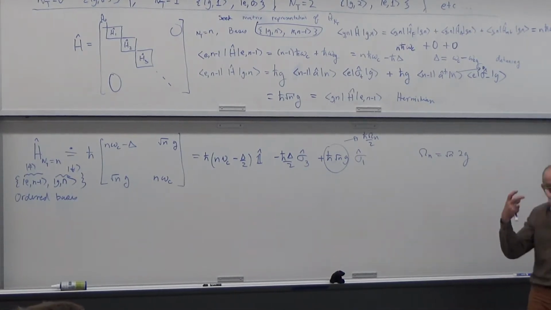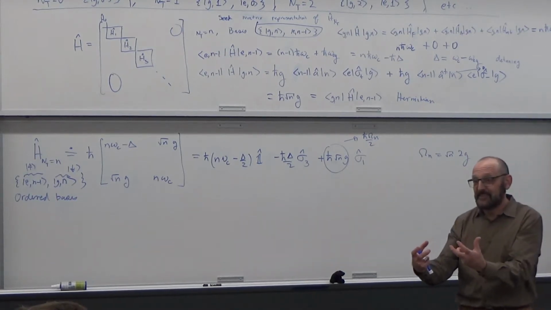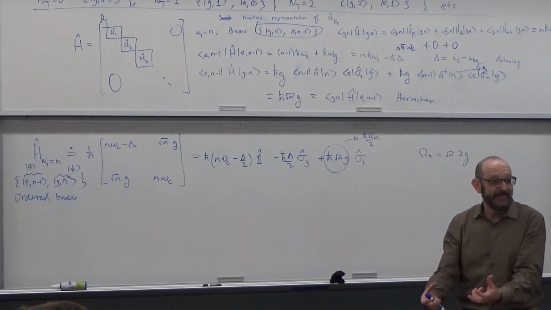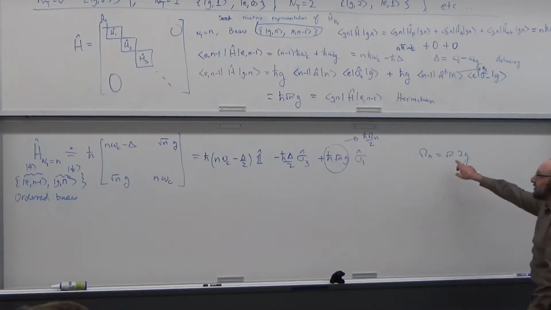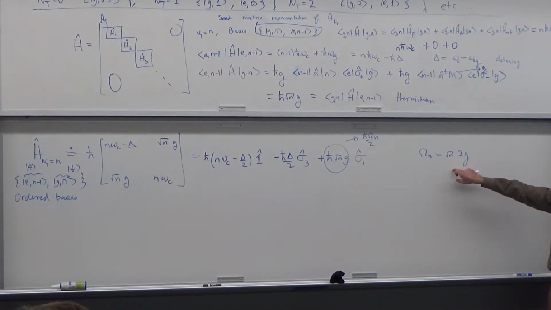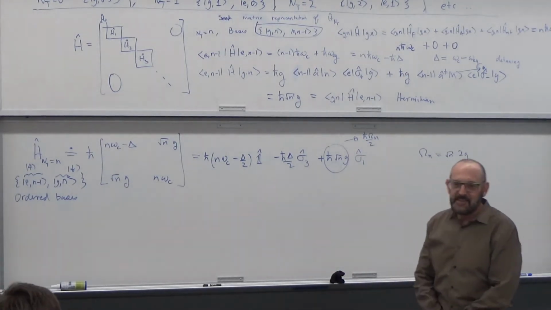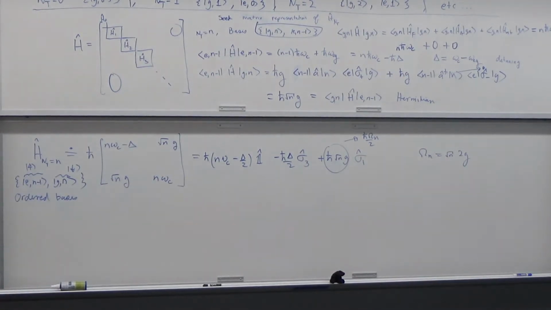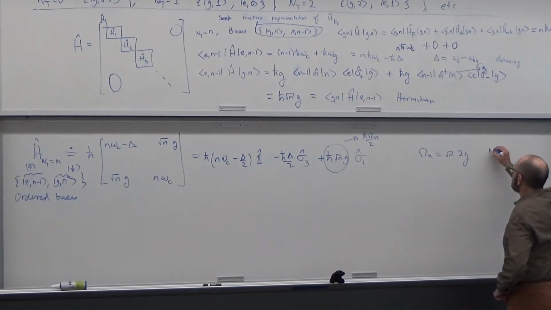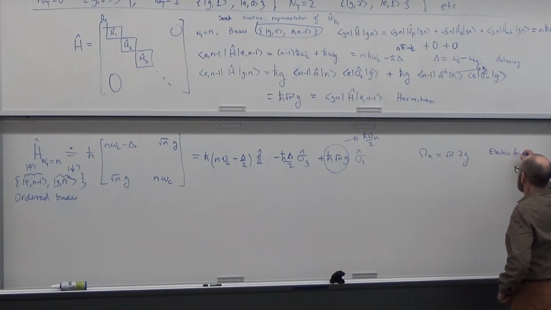N is the intensity. It's the square of the amplitude, right? So that's why this is the square root of n. Hopefully the algebra of a's and a daggers did that, right? Okay. So this is like the electric field strength times dipole of n photons.